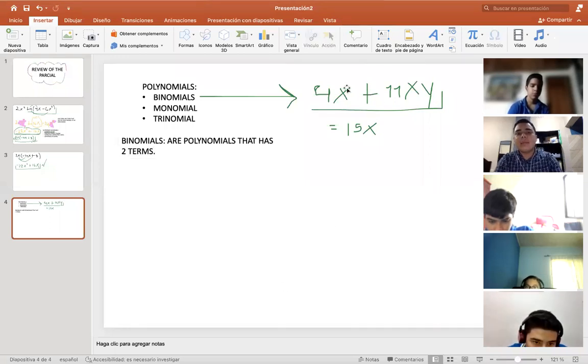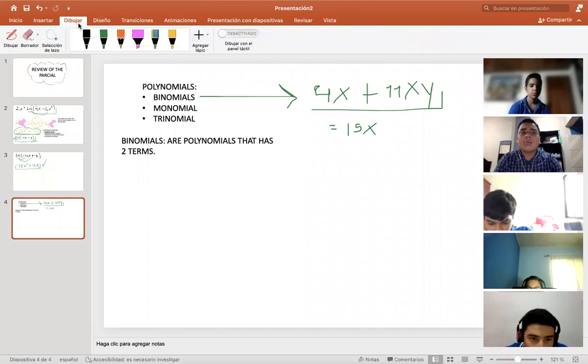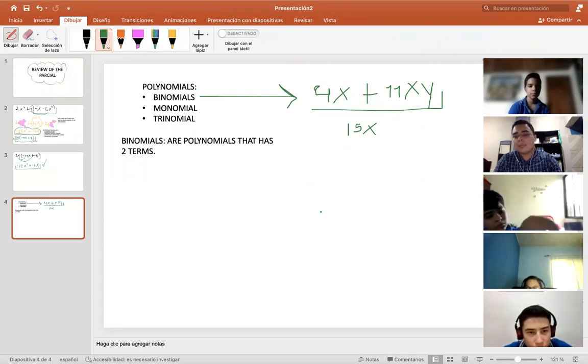So this can be an example of a binomial. What about the 15x? What kind of polynomial is 15x, guys?